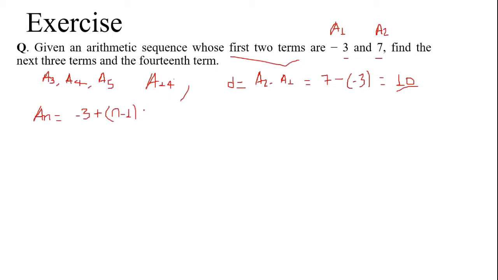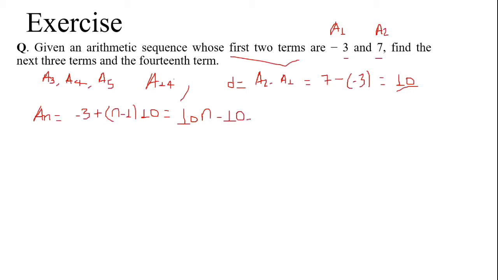So this can be simplified as 10n, and here minus 10 times -1, that is -10. So -10 here, and this is -3, so -3.